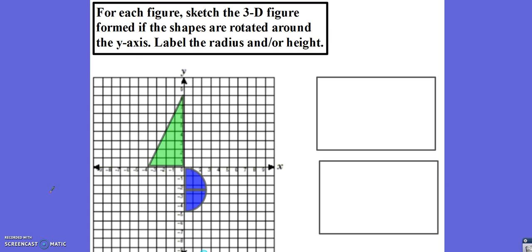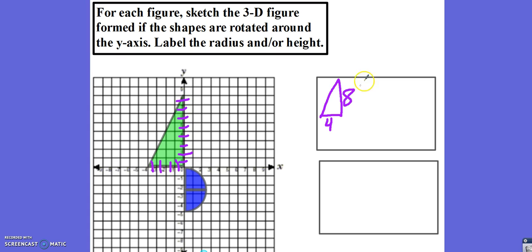Let's do one more, but this time we're going to rotate about the y-axis instead of the x-axis. So let's start with our triangle, and let's identify our dimensions. 1, 2, 3, 4. So I'm going to draw in my triangle. I've got 4 on this bottom. 1, 2, 3, 4, 5, 6, 7, 8, and 8 along the side.